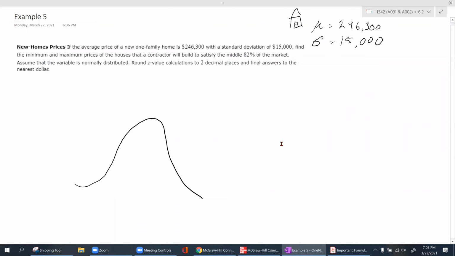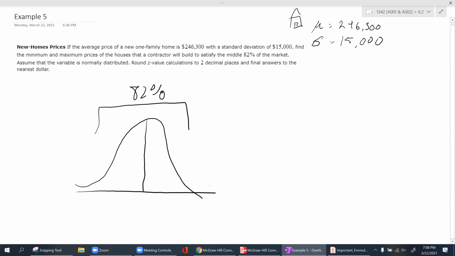So in other words, I'm looking for 82% of the entire middle part. One thing I know is the 50% mark is in the middle. So we know that going in. So if it's 82 engulfing the entire piece, let me go ahead and draw this a little bit better.